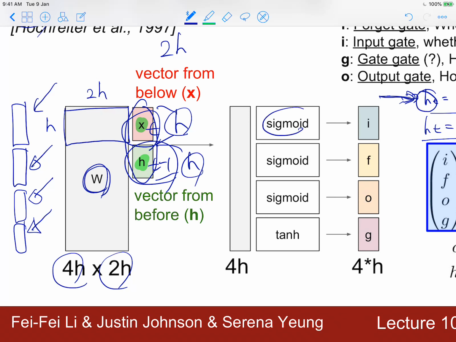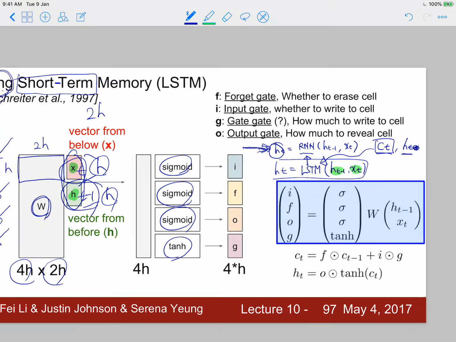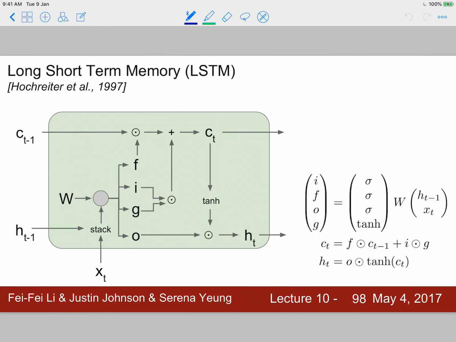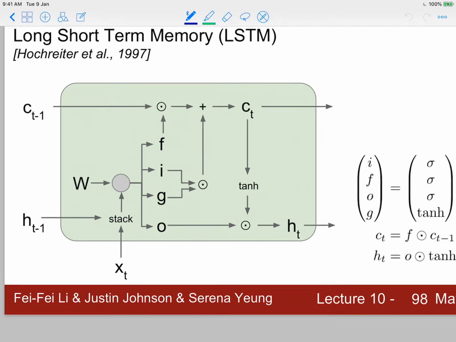For three of them we apply sigmoid, and for the last one we apply tanh, and they have their own names: input gate, forget gate, output gate, and the last one is called the gate. So this is our overview of this LSTM cell.